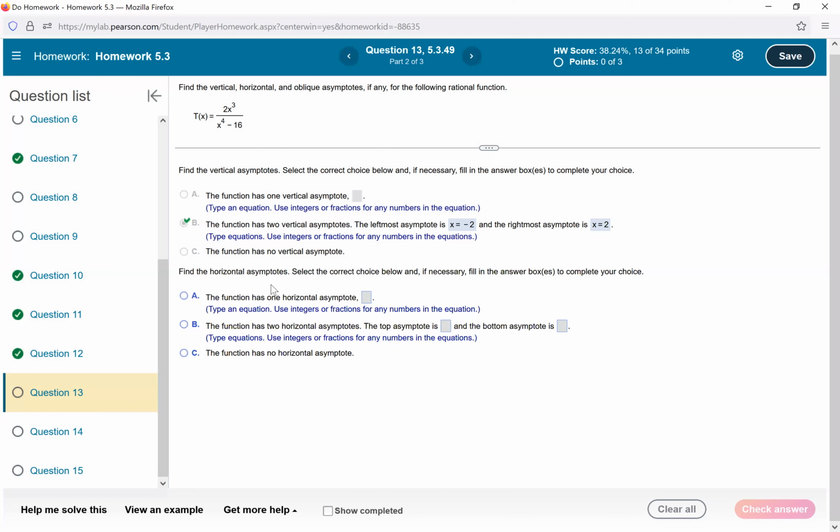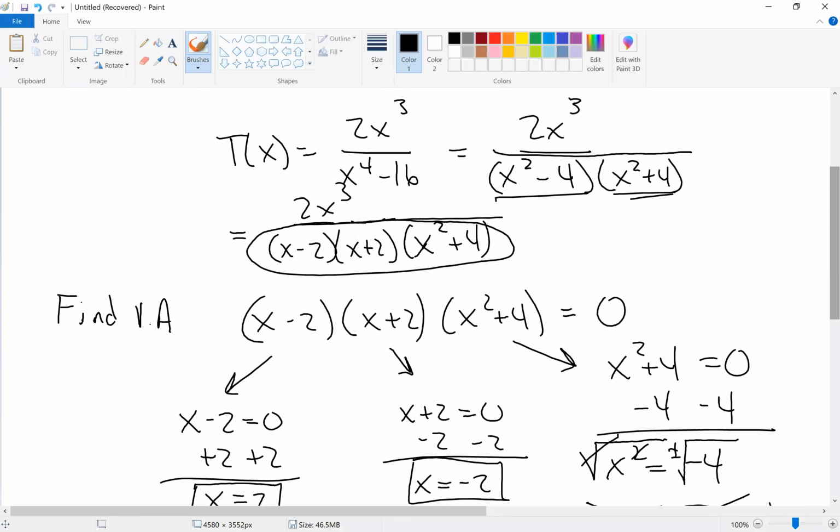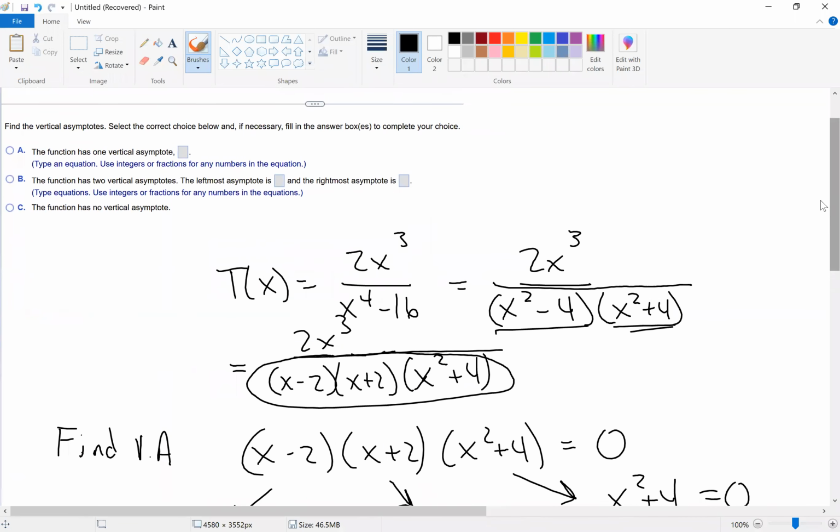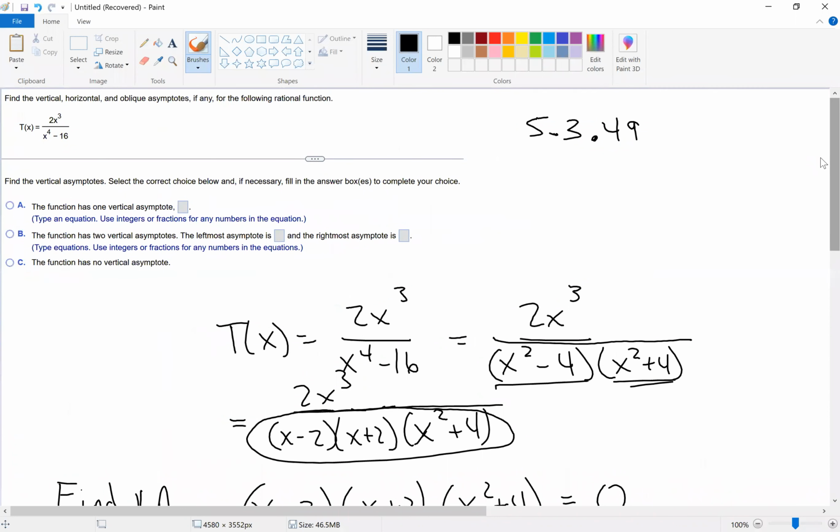All right, so let's do the horizontal asymptotes. We're going to go back and look at the original. We have T of x equals 2x cubed divided by x to the fourth minus 16.